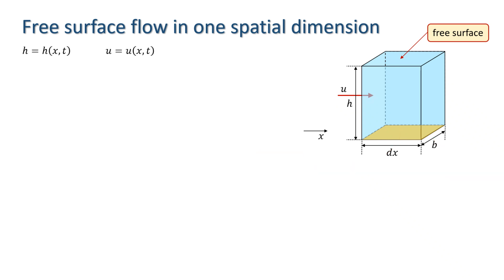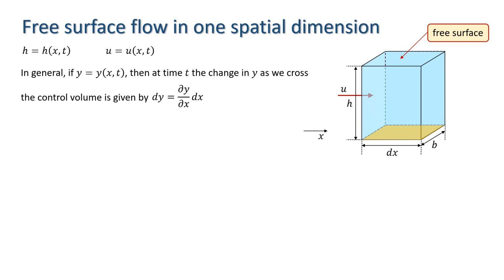It's worth noting here that in general, if we have a variable y that's a function of x and t, then at fixed time t, the change in y as we cross the control volume, i.e. as we go from position x to x plus dx, is given by dy equals partial dy dx times dx.